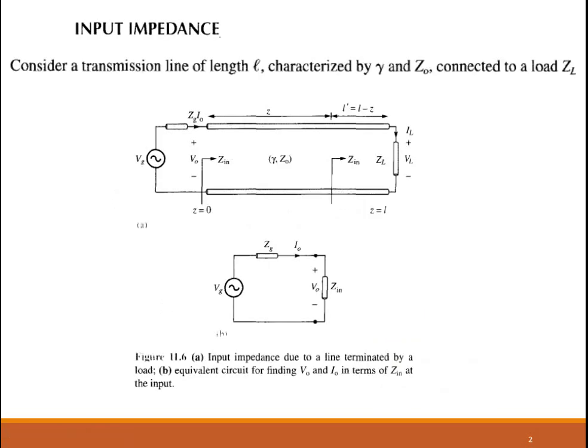Just to review what we did in lecture 5, we had derived the wave equations for voltage and current for waves which are propagating in transmission lines. There were two important constants that we spoke about. One is the propagation constant gamma, and the second is the characteristic impedance Z0.